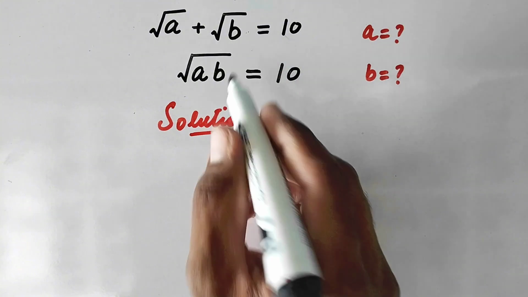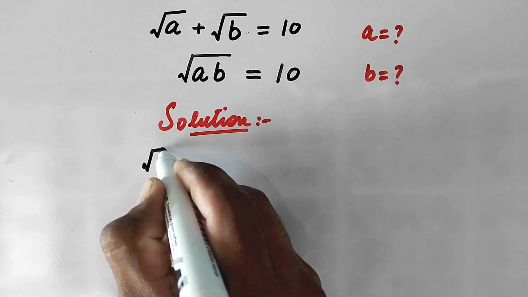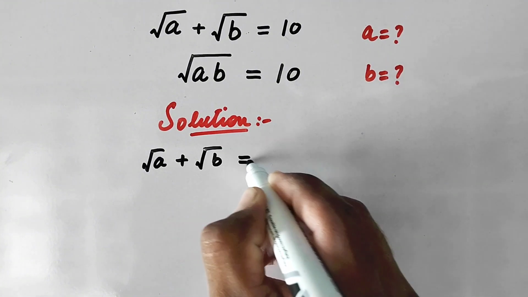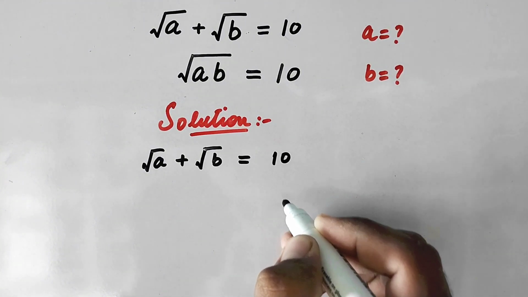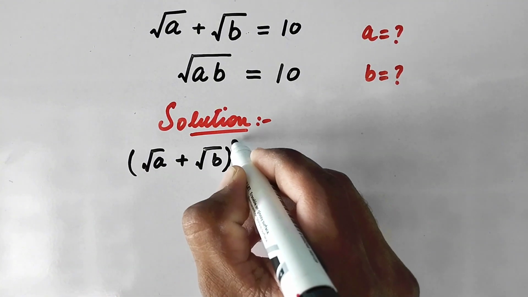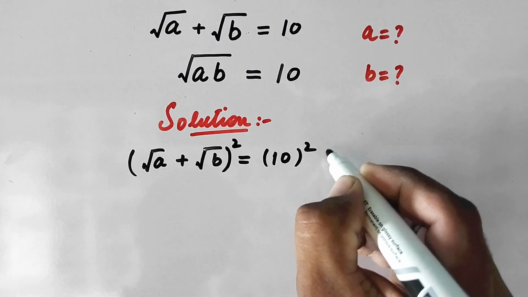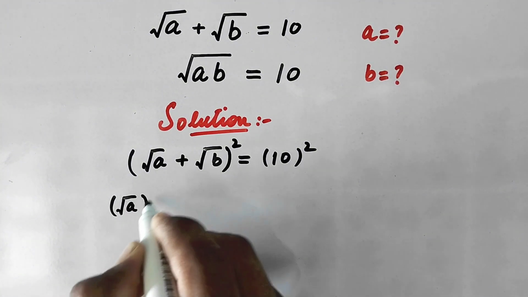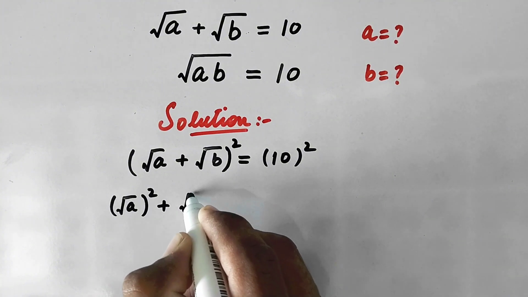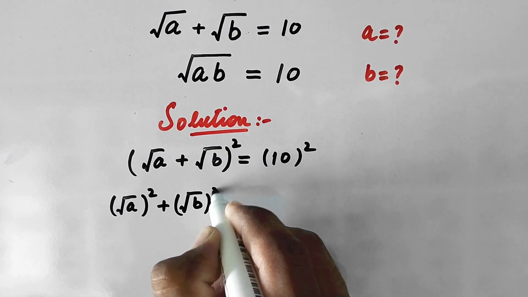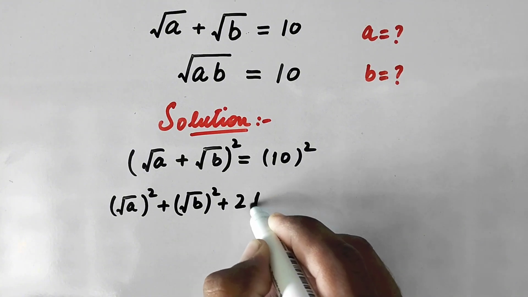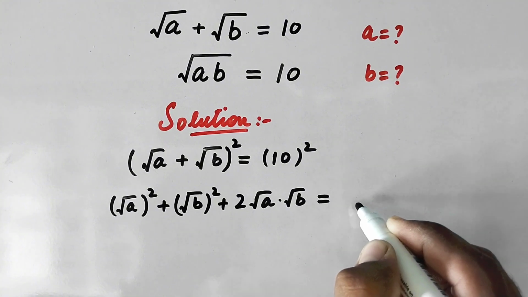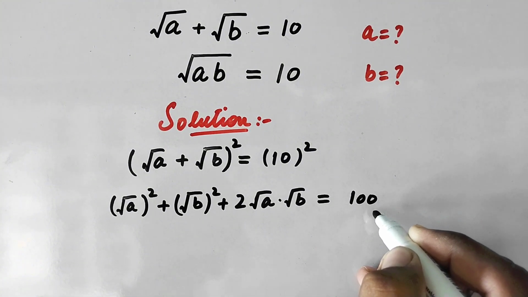So let us deal with this equation. Square root of a plus square root of b is equal to 10, and here we will take square on both sides. So now here will be square root of a square plus square root of b square plus 2 times square root of a times square root of b is equal to 100.